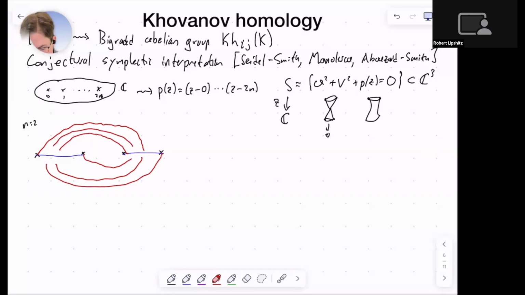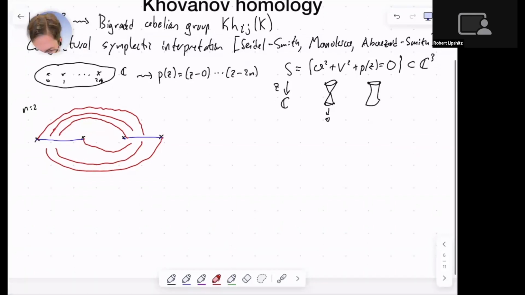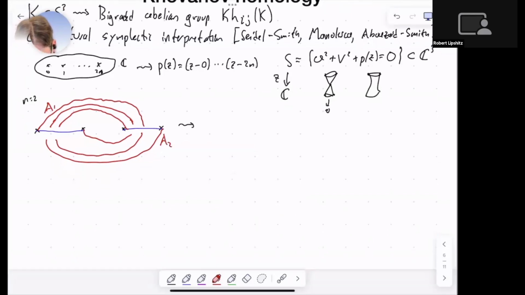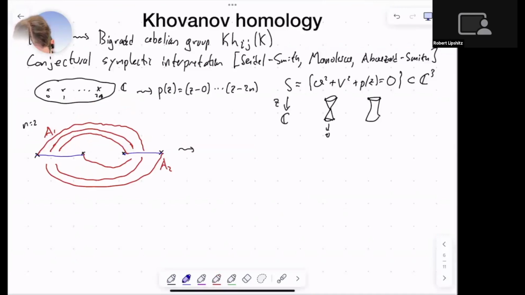So this is the trefoil again. I drew breaks in the red line so you can see that this is a knot, but I'm actually going to think of these as continuous arcs. Okay, so let's call these arcs something. Let's say this is maybe A1, the other, so A1 ended here, so this is A2, B1 and B2.